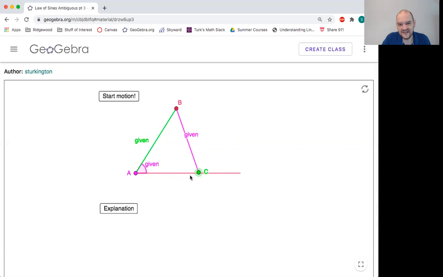If you swing through, there's actually an obtuse triangle that you could also get, where the angle opposite the other given side comes out obtuse. How does this happen? Think about sine. Sine in the first quadrant, for angles between 0 and 90 degrees, is positive.